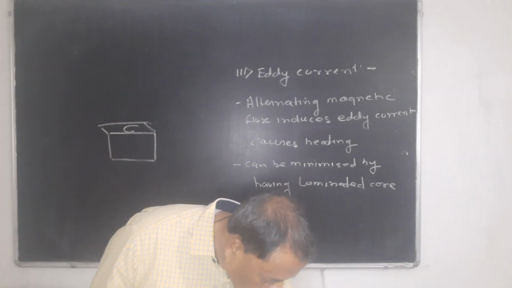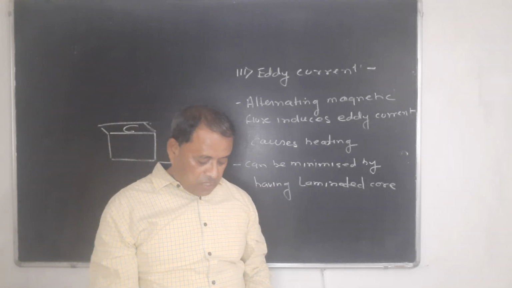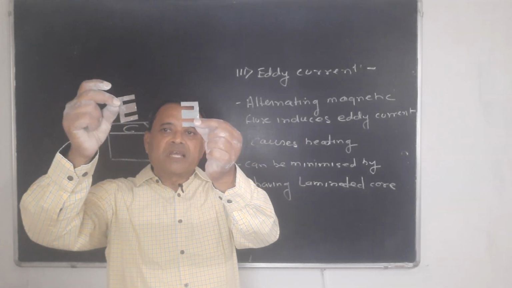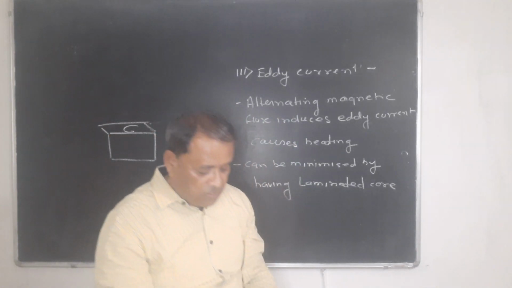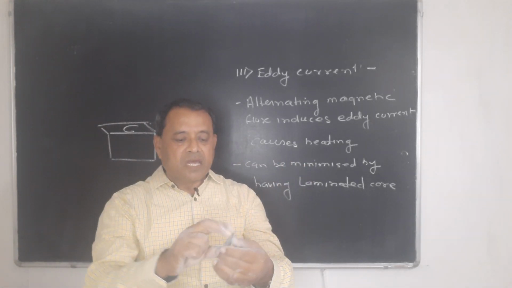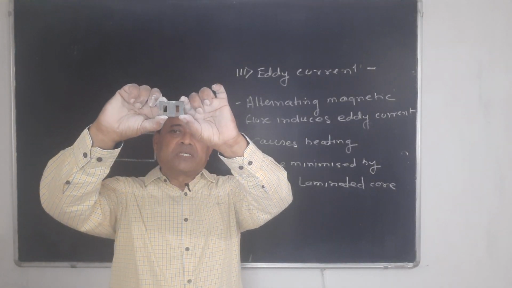So what we are using here, instead of one metal, we are using the laminations. These are the laminations, and we are combining all these laminations, and a core is made like this one.